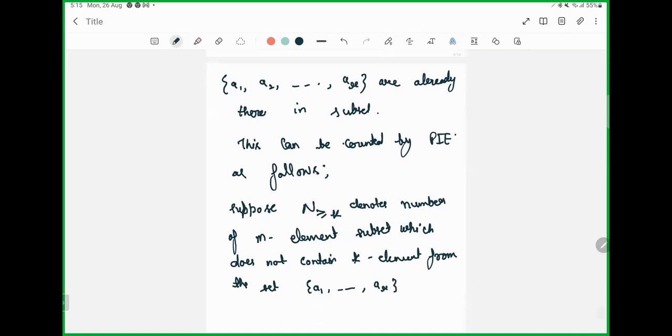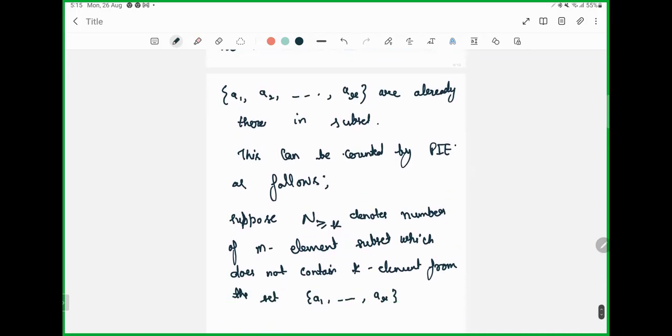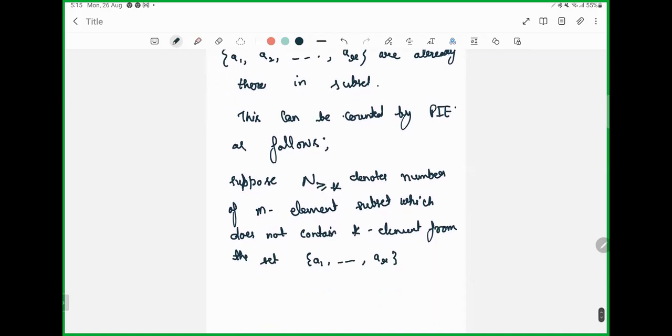So the left hand side is precisely its complement. These are the m-element subsets which lie in the complement of those m-element subsets. So this is the idea.